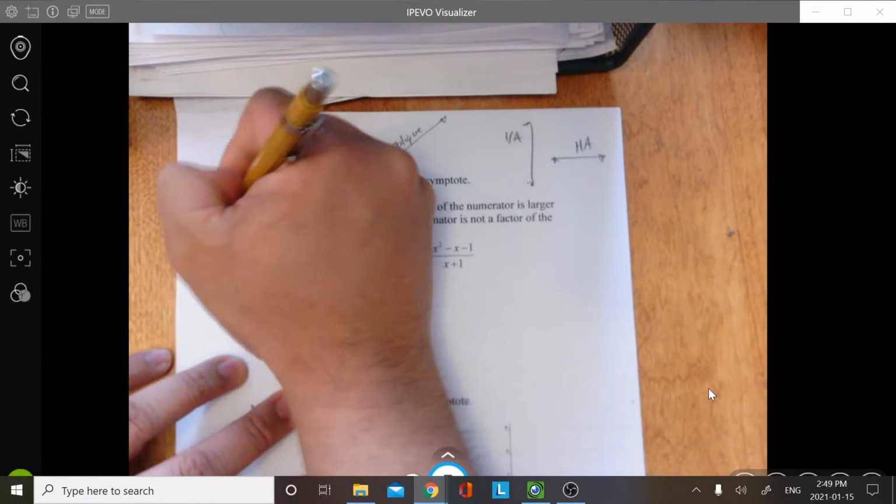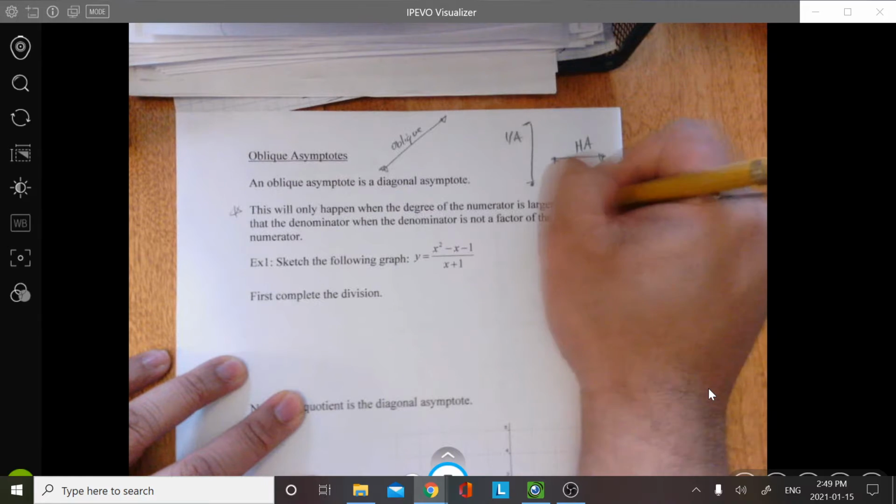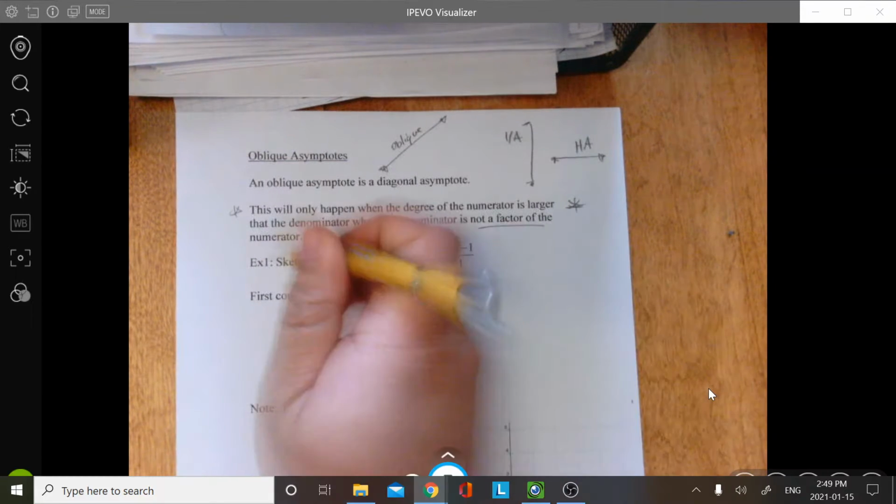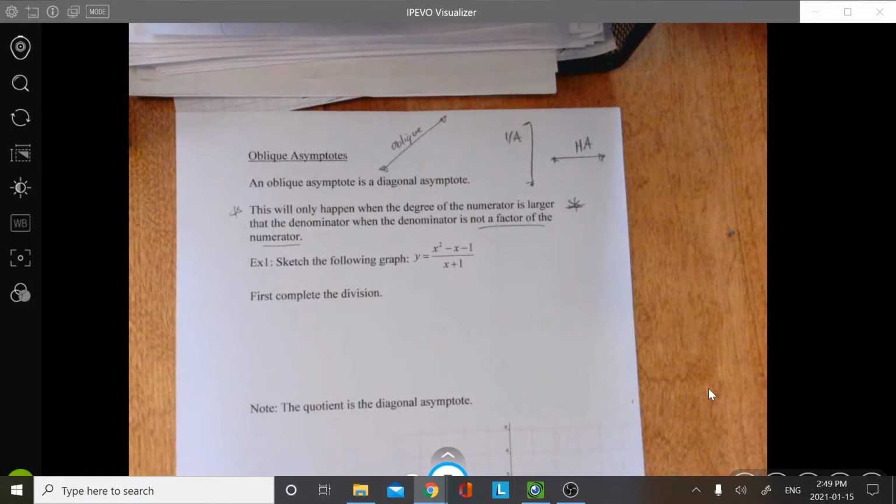So this is a really important line. Oblique asymptotes occur, so you always have to think, is this the case where I have to make it oblique? This happens when the degree of the numerator is larger than the degree of the denominator, where there are no common factors.